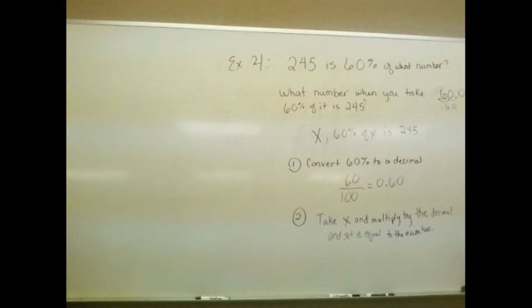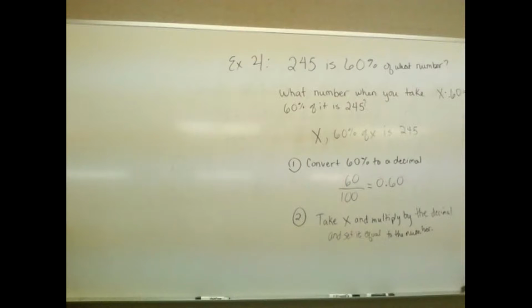So what that looks like is x times 0.60 equals 245. You take your variable, that unknown, you multiply it by the decimal form of the percentage, and that equals the number that you started out with there.